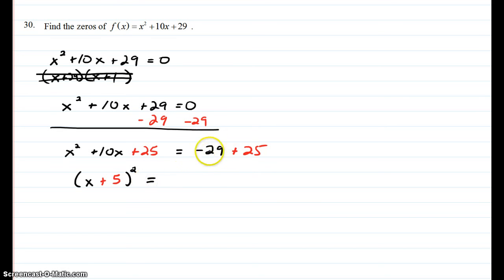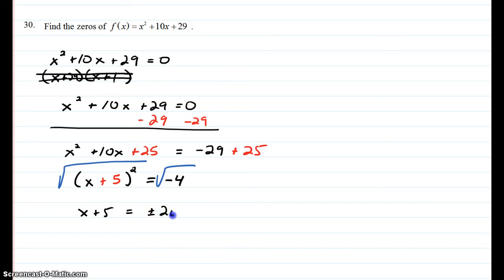So that gives us negative 29 plus 25 is negative 4. Now we just need to get rid of that square. So we square root both sides. Now I get x plus 5 equals plus or minus the square root of 4, which is 2. The square root of the negative is going to give us an i.